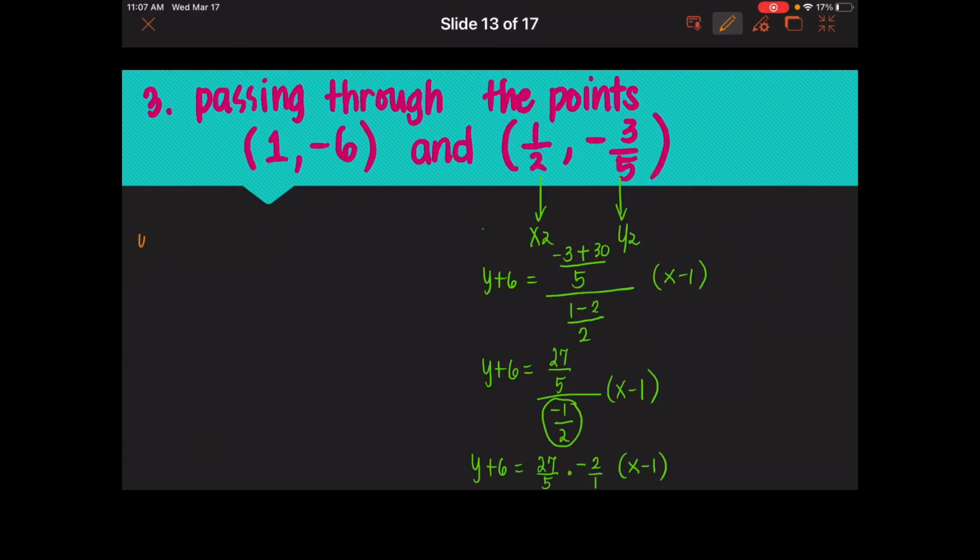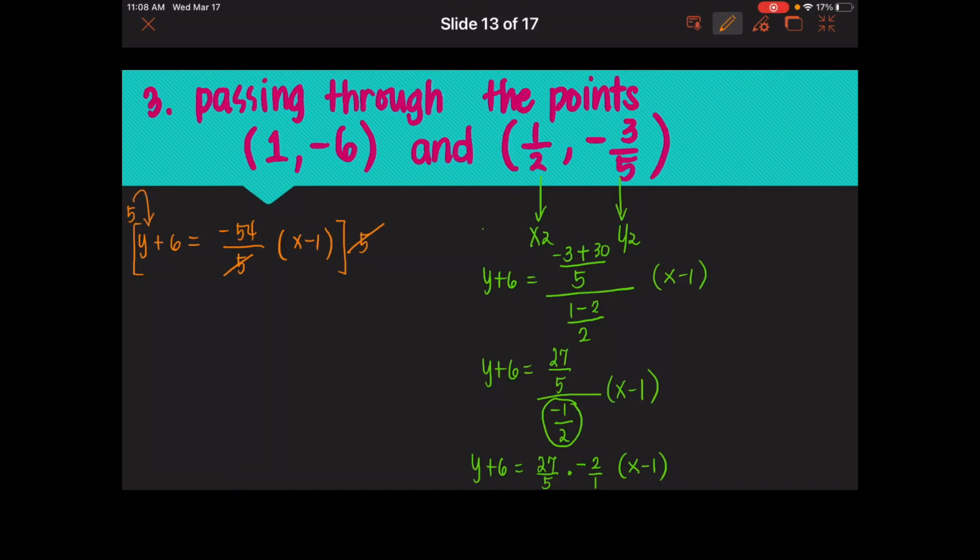So I'll have y plus 6 is equal to 27 times negative 2 is negative 54 over 5 times x minus 1. So the next thing that we have to do is to get rid of 5. So we multiply both sides by 5. So the 5 here will be cancelled.